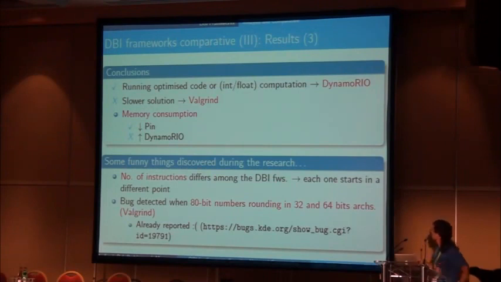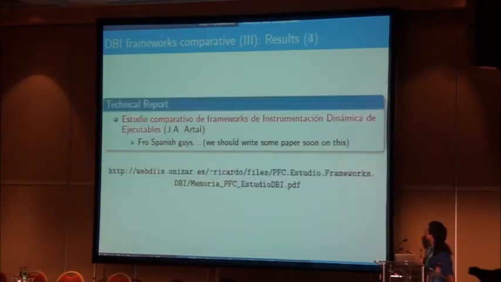We also detected a bug in Valgrind related to a function that handles 80-bit numbers in both architectures, but unfortunately it was already reported, so we cannot claim it. Anyway, if you are interested in this, there is a technical report by my student, which is this one.